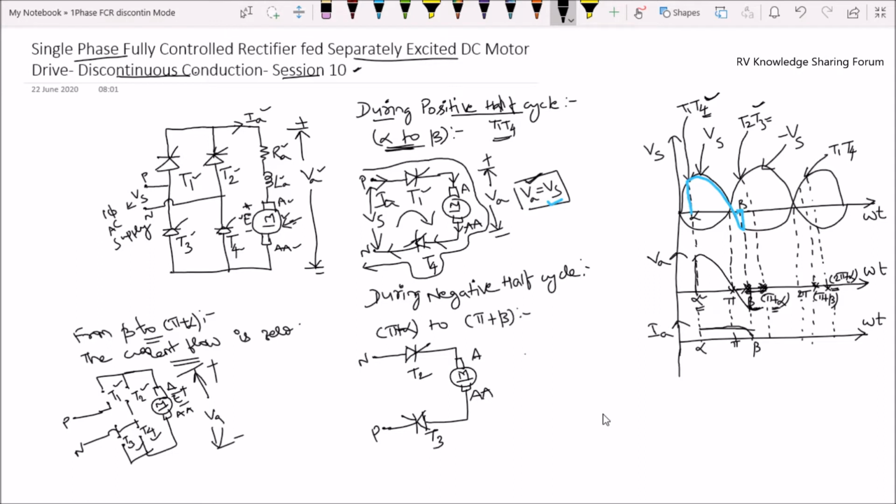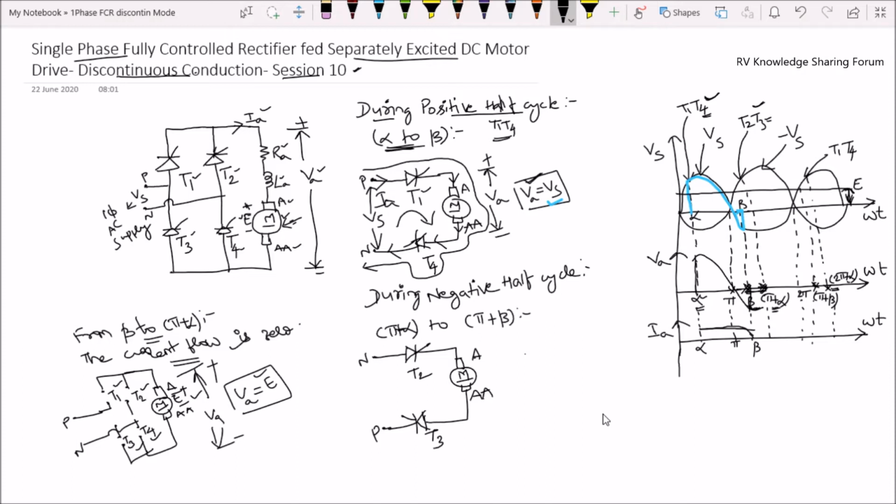Everything being open circuit, the voltage across the armature is only the back EMF. Therefore, from beta to pi plus alpha, the current flow is 0 and the armature voltage is the induced EMF E. Now let us draw the induced EMF E in the input voltage plot also. The magnitude of the induced EMF is this much.